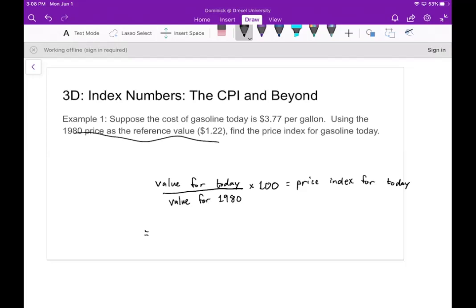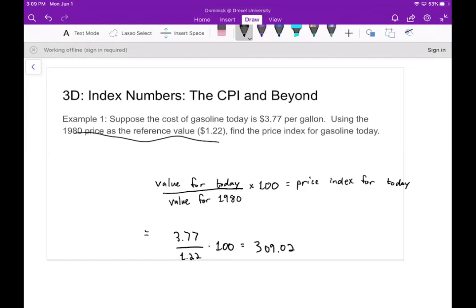So if we calculate this, the value today is 377. The value in 1980 is $1.22, and then we just need to multiply this by 100, right? So if I take 377 and divide that by 122, and then multiply that by 100, I'm going to get 309.02.